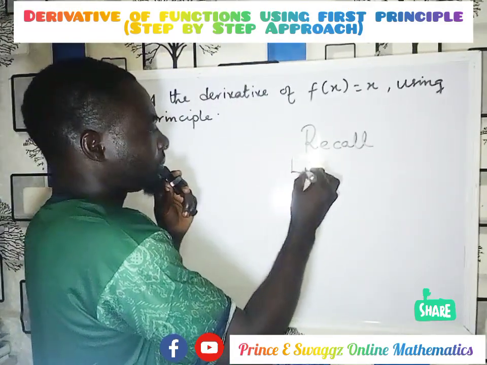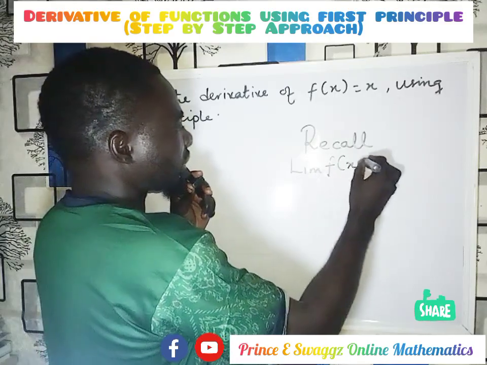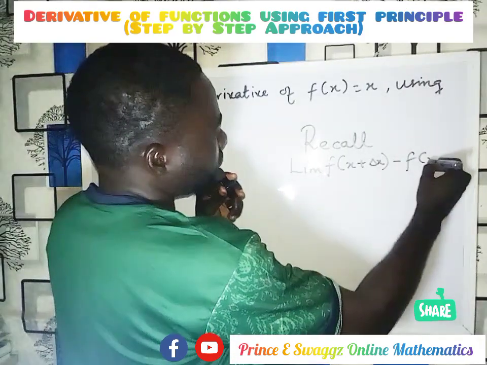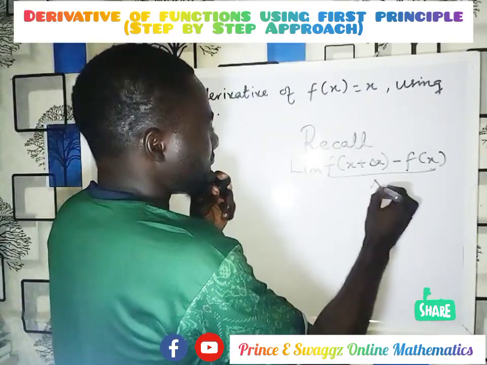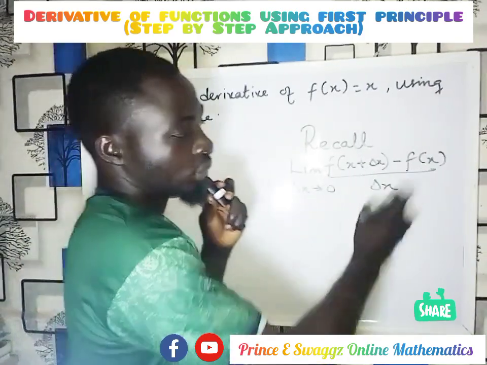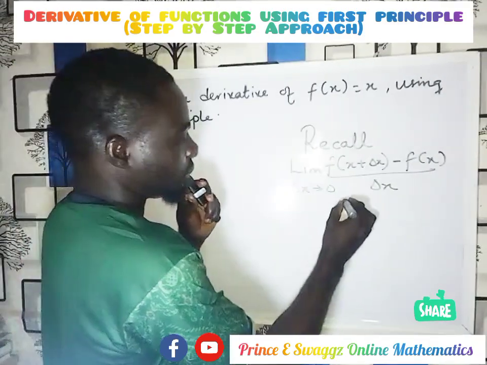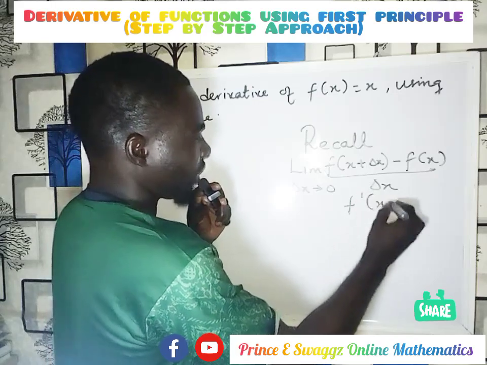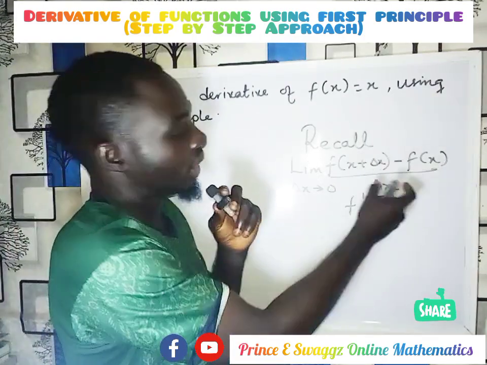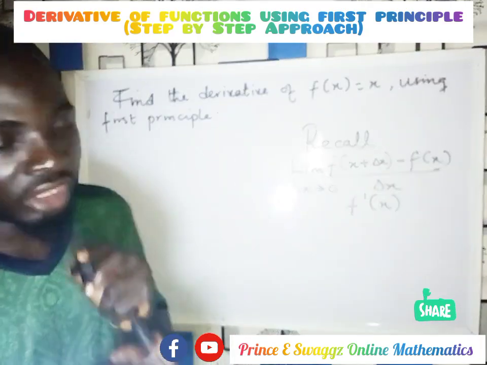If we have the limit of f of x plus delta x, which is change in x, minus f of x, all divided by delta x, as delta x tends to 0, that is the denominator tends to 0, the limit of this whole expression is going to give us f prime of x. So anytime you are finding the limit of this expression as delta x tends to 0, it is going to give us f prime of x.